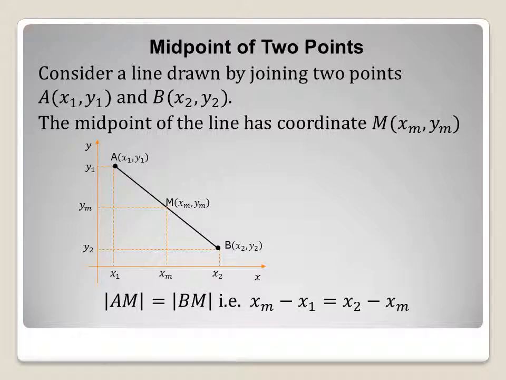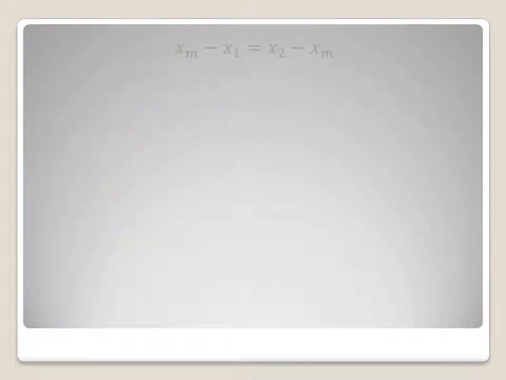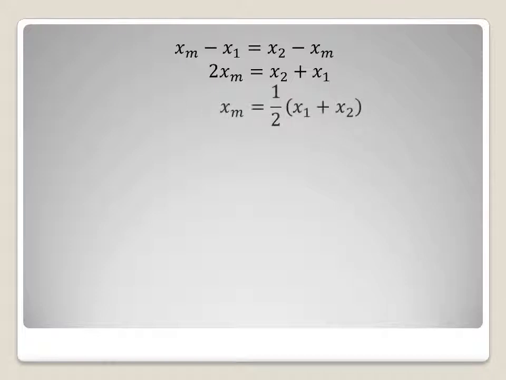That is, xm minus x1 is equal to x2 minus xm. Solving for xm, xm is equal to half of x1 plus x2. Similarly, ym will be equal to half of y1 plus y2.